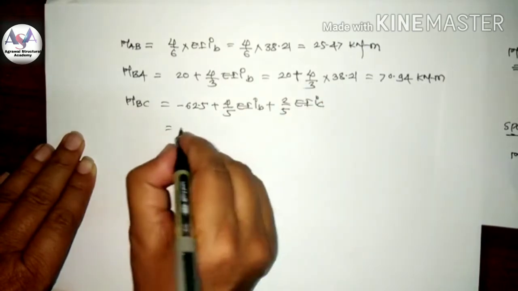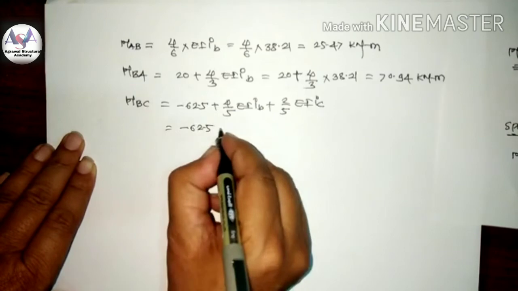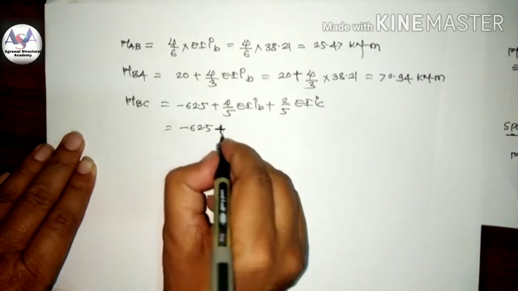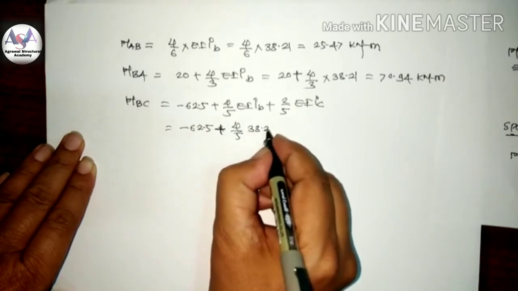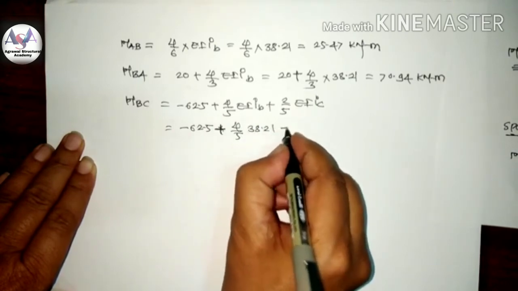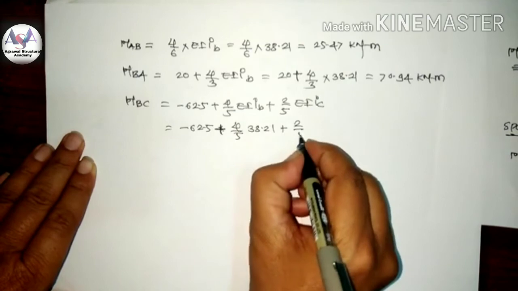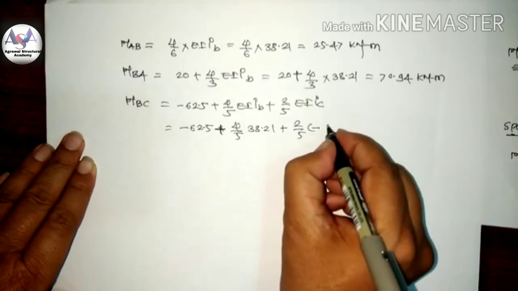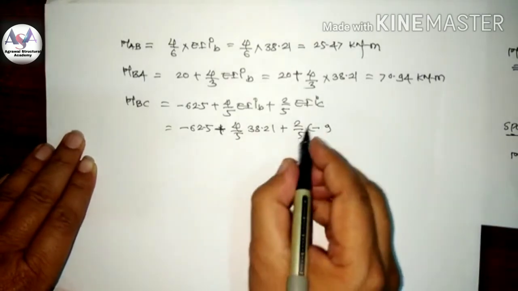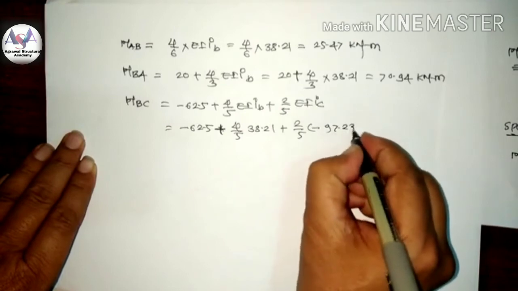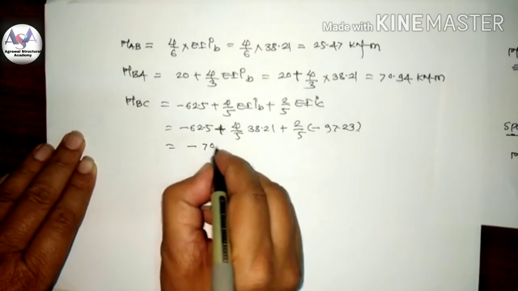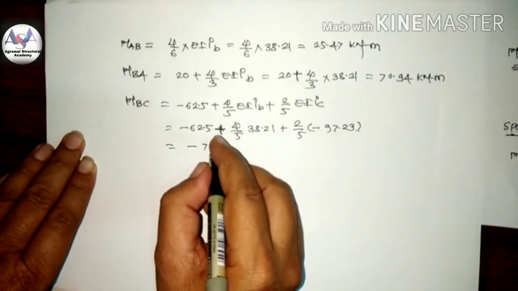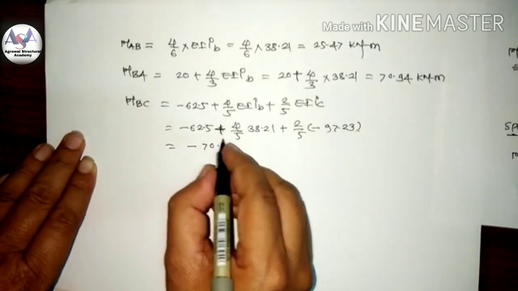So if you put the values, minus 62.5 plus 4/5 into 38.21 plus 2/5 into minus 97.23. So this becomes minus 70.93.